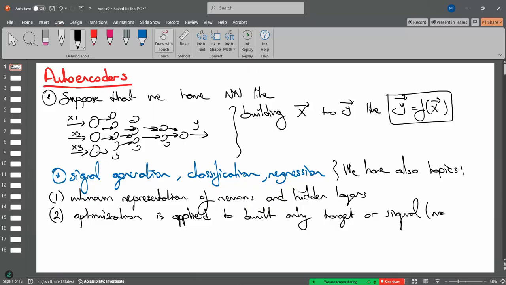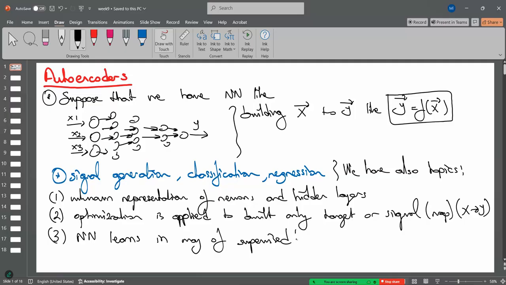We can map a given X to the Y. Okay, this is a map in here. And also this NN structure is created to learn in a supervised way. Okay, which means that we have the input and output data, and so we can match and map this data for a given neural network.